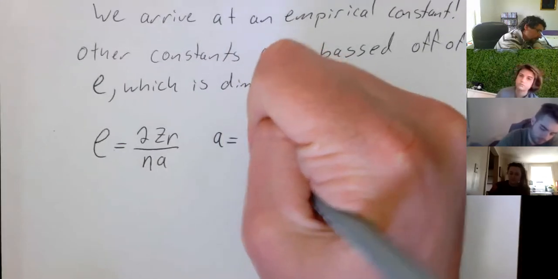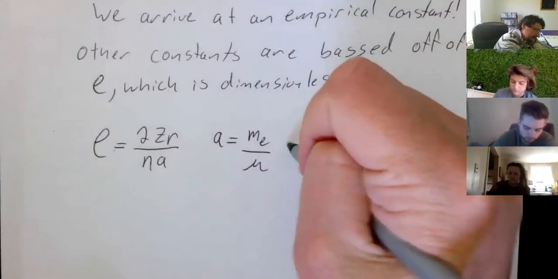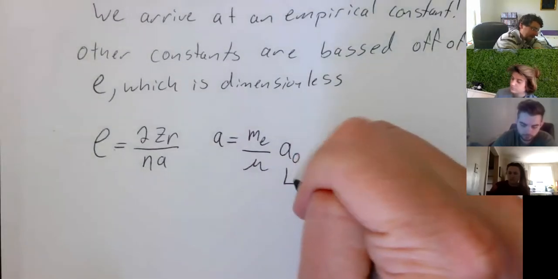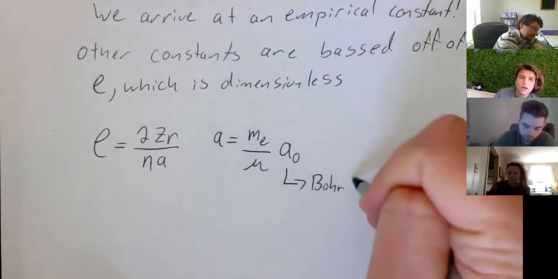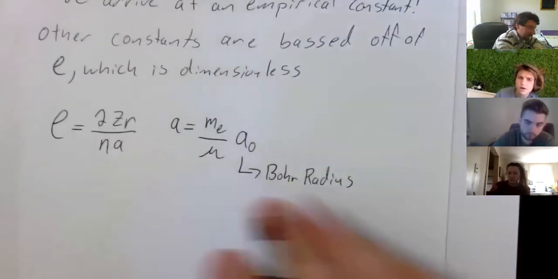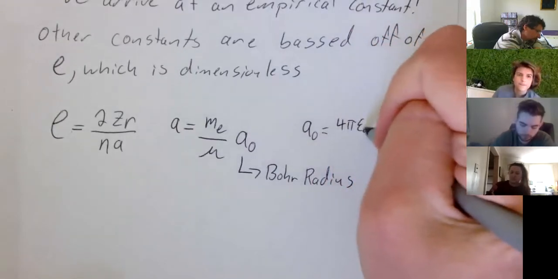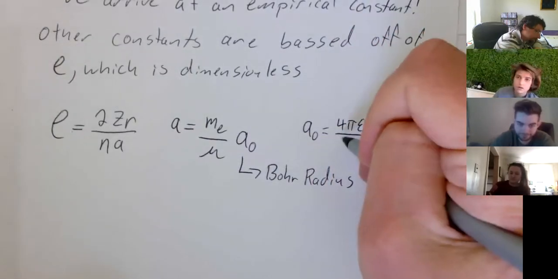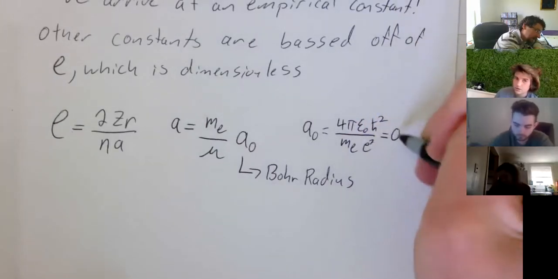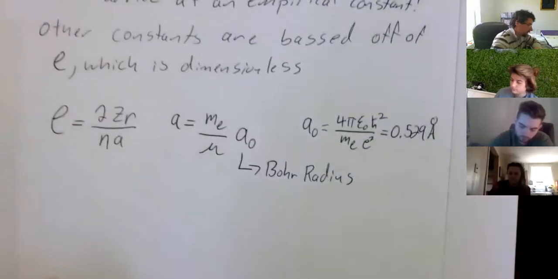A is equal to mass of electron divided by the reduced mass times a naught. And a naught is the Bohr radius, and it also is another set of constants: h bar squared, mass of electron squared, and it ends up working out to be 0.529 angstroms.